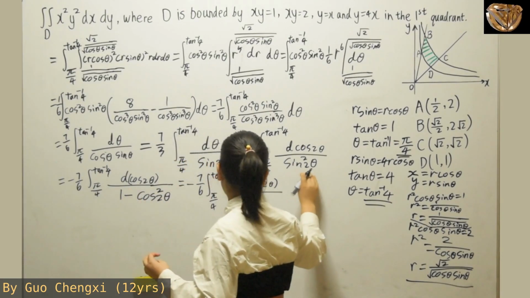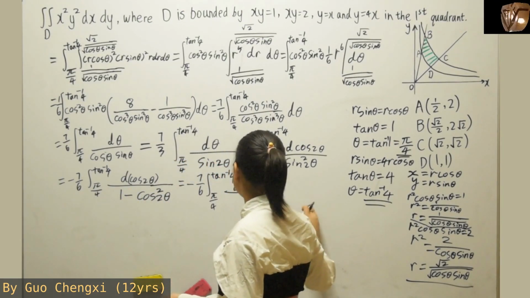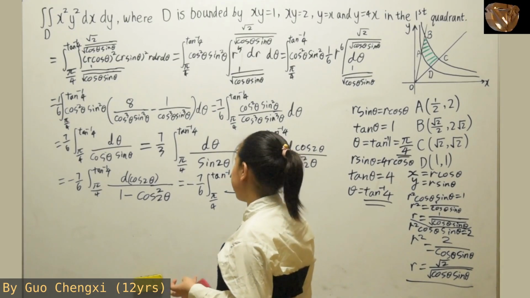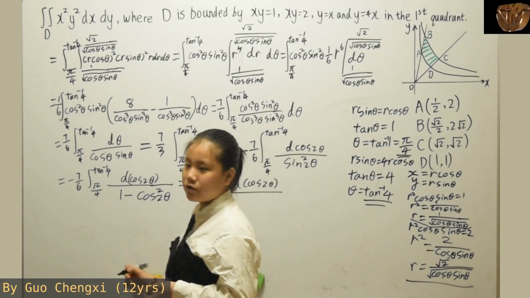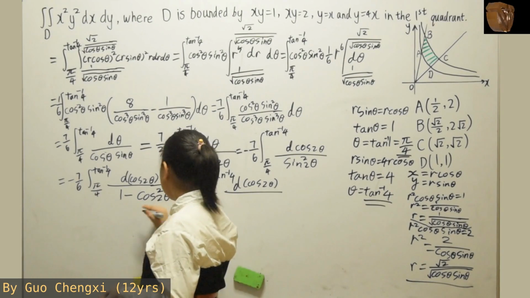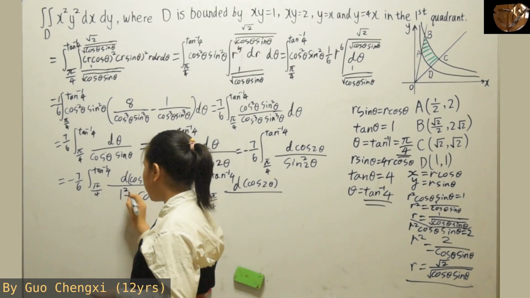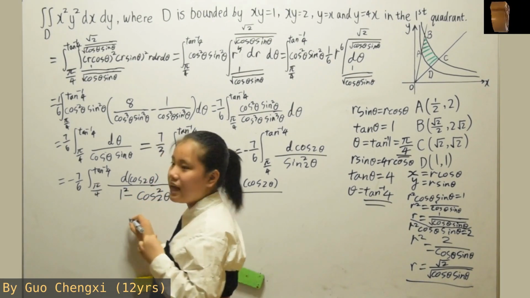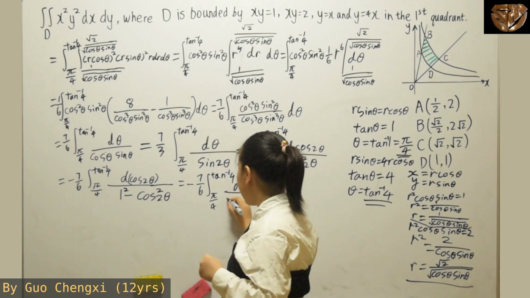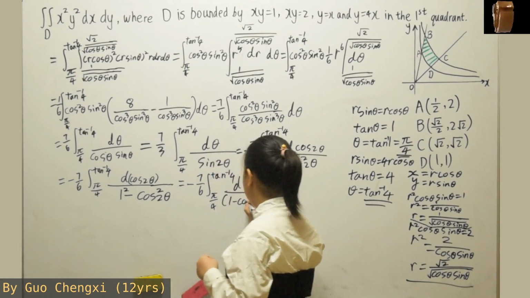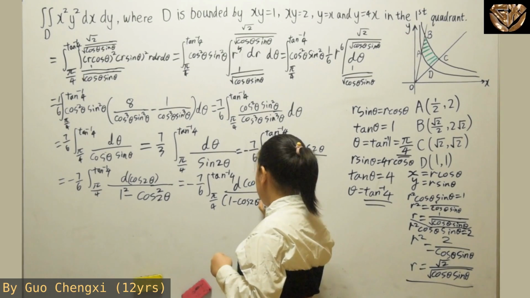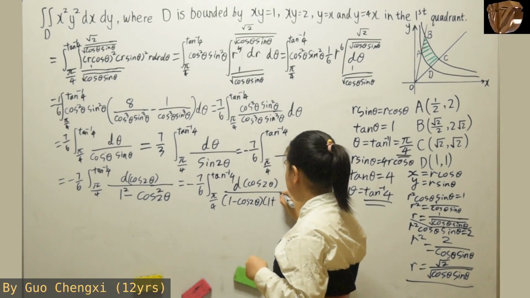So over here what I use basically the sine square theta plus cosine square theta is equals to 1, okay. So over here you realize that 1 is basically 1 squared. So over here is basically a square minus b squared, which will be a minus b times a plus b.